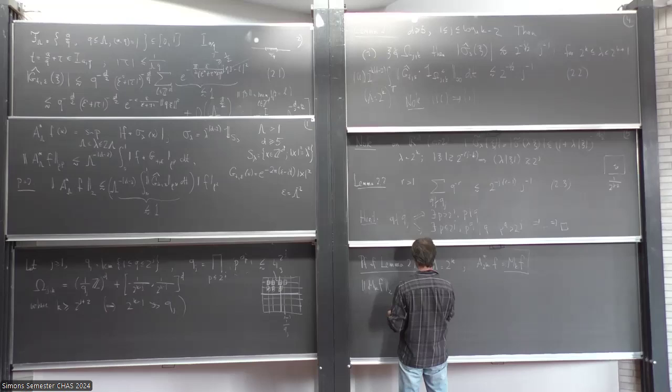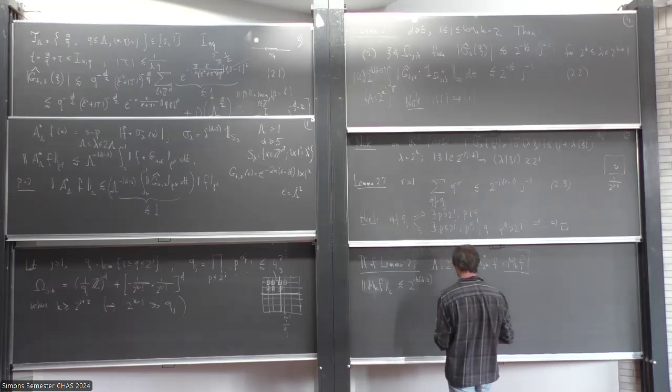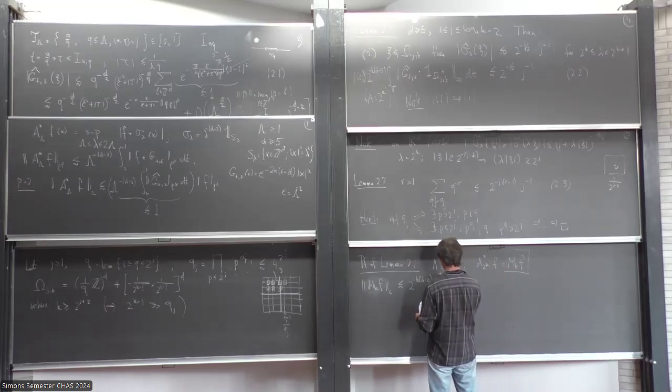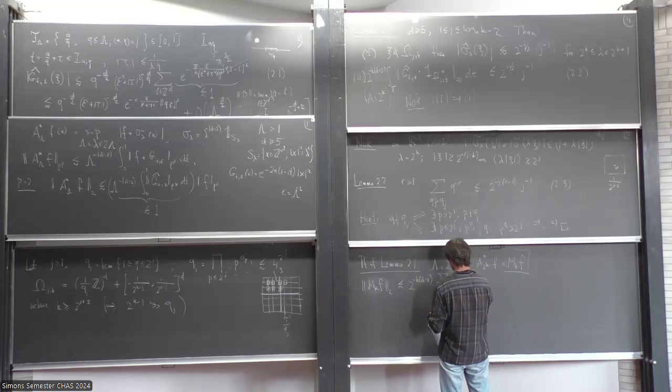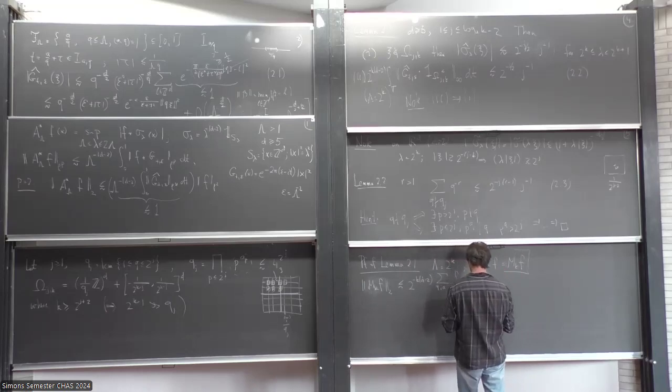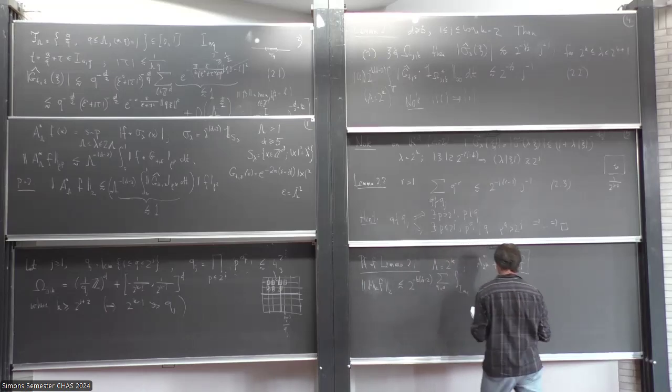This is the normalizing factor to the minus d minus 2, and then there was some sum in q and a, and the integral on the major arcs.